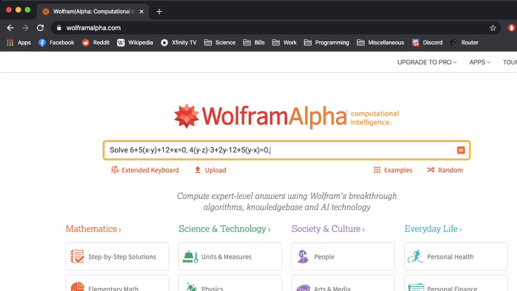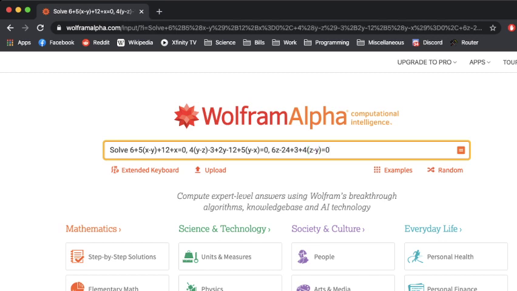minus 12 plus 5 times y minus x equals 0. And then the last equation is 6z minus 24 plus 3 plus 4 times z minus y equals 0.